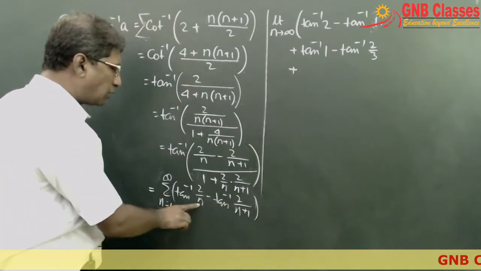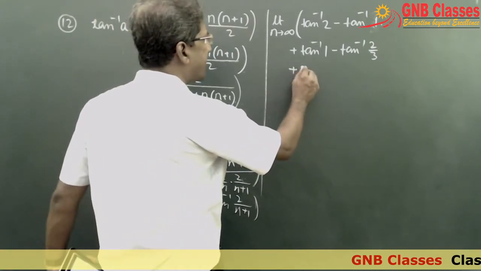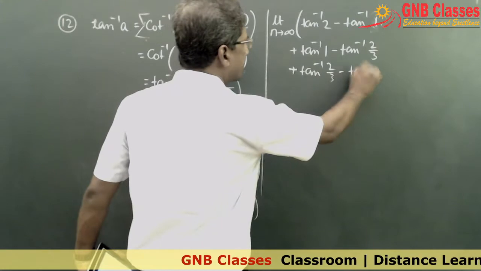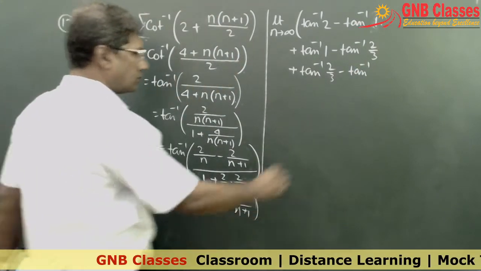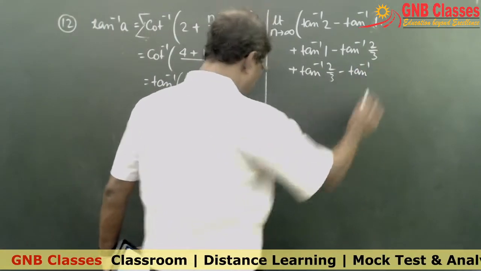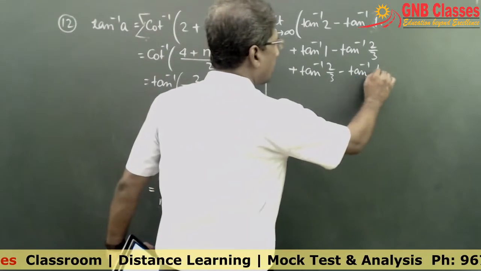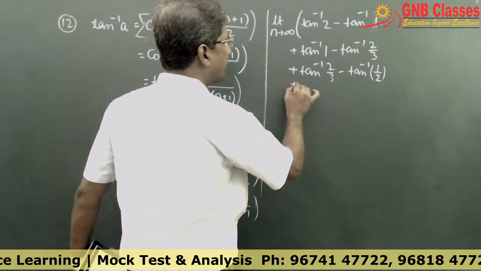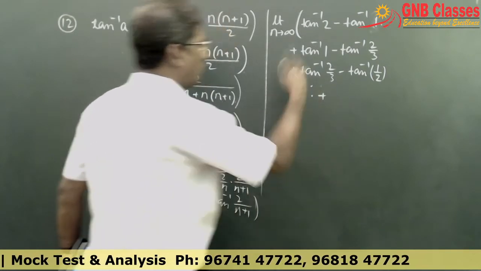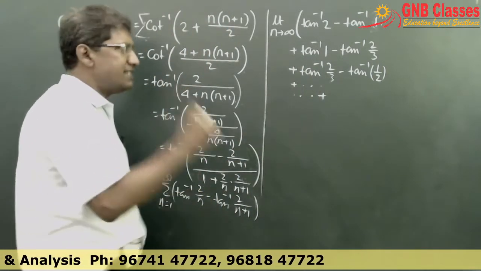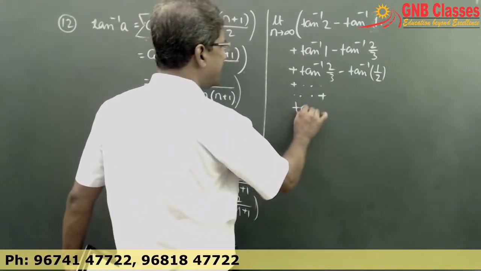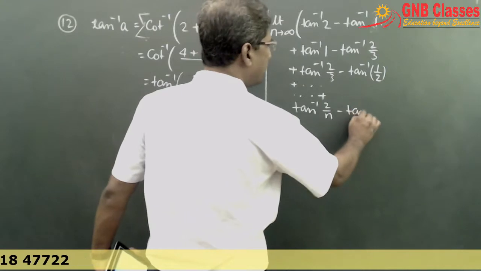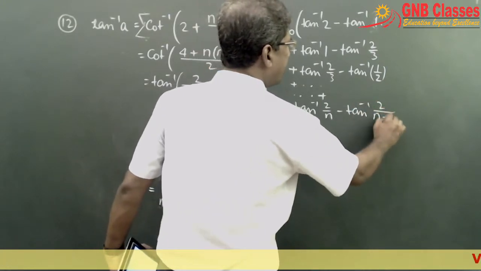And in place of n, if we put 3, we are getting tan inverse 2 by 3 minus tan inverse half. And this thing goes on. And when we reach till n terms, the n term will be tan inverse 2 by n minus tan inverse 2 by n plus 1.